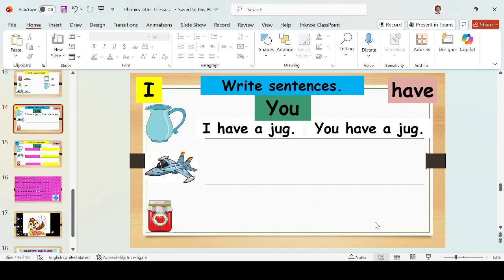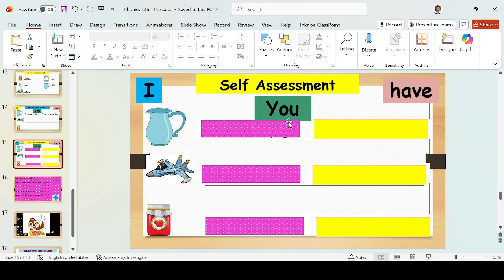If you don't have space, please don't get troubled or stress yourself. You can write down here. Okay, you can write your sentences going down the page. It's still okay. The important thing is you are practicing to read and write sentences only. Okay, so now let's move on to self-assessment.